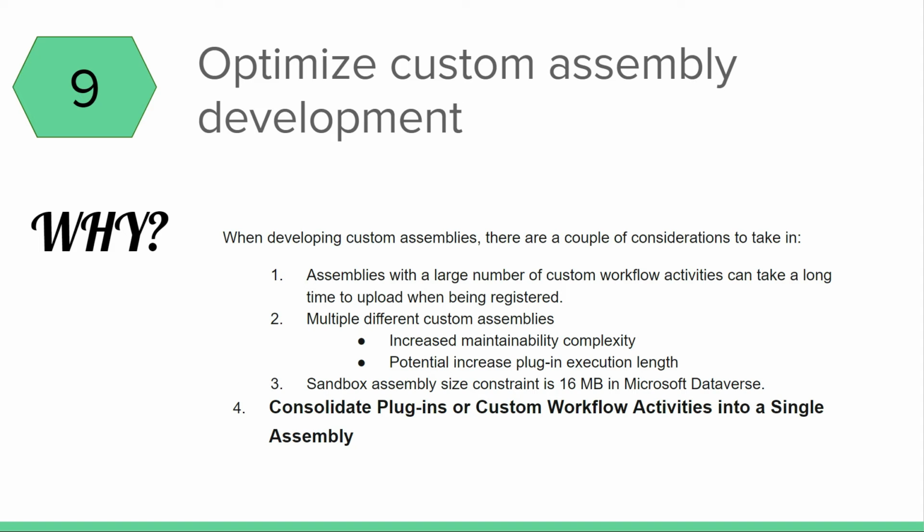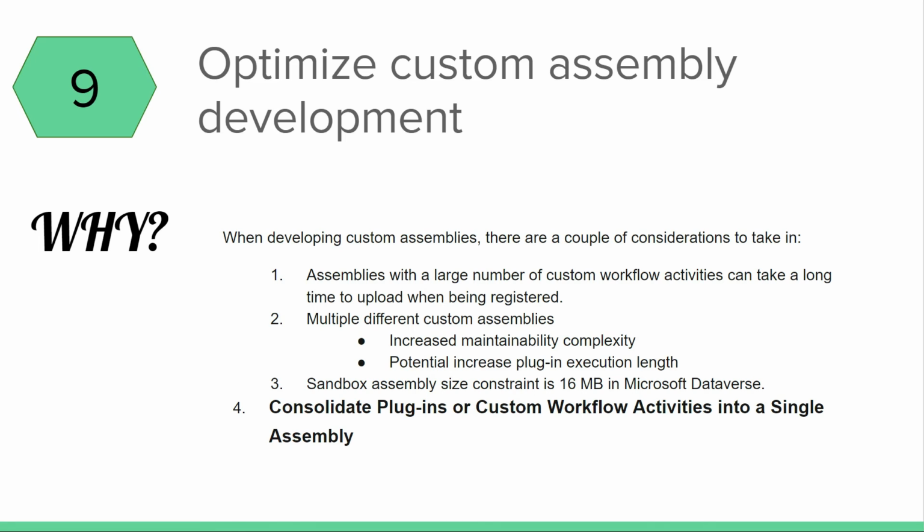When you have multiple different custom assemblies, not a single assembly, it increases maintainability complexity and potentially increases plugin execution length. And also, the sandbox assembly size constraint is 16 MB.